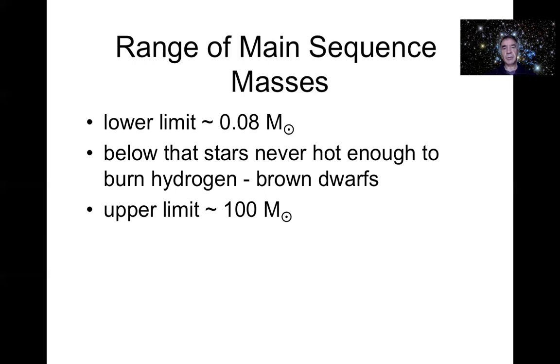So by the time you get to this very massive, very luminous type of star, you've got a huge amount of radiation flowing out through the atmosphere of the star. Now, a feature of radiation is that it can exert a pressure on gas, because photons, though they have zero rest mass, do have momentum.